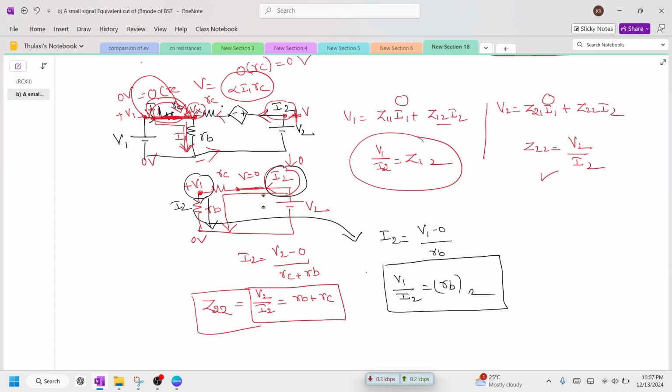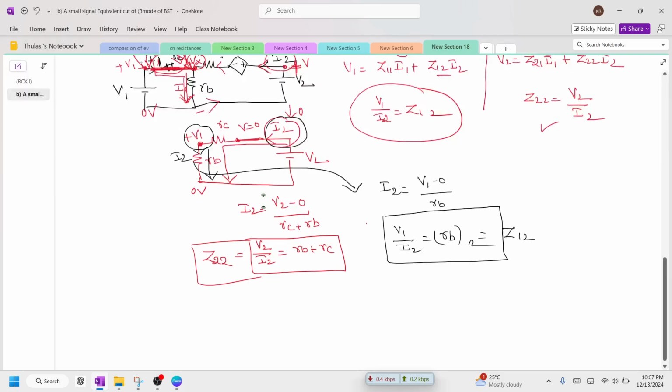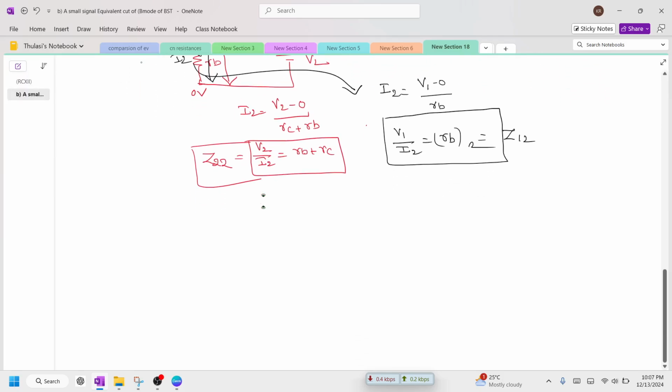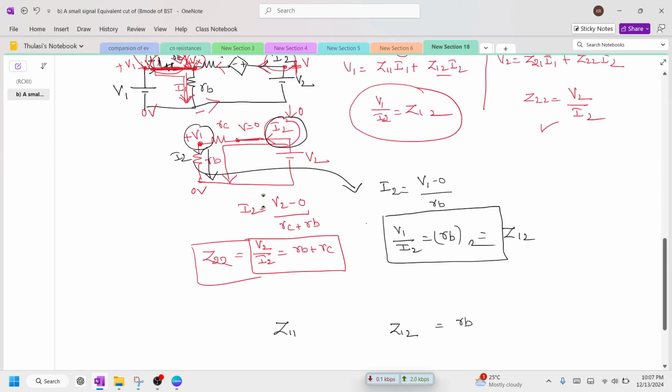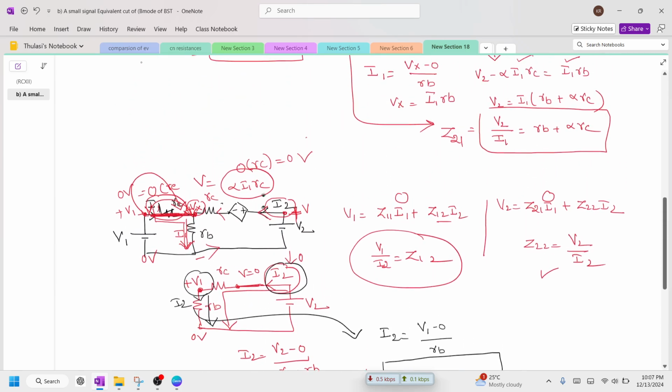Okay. So this is the value of Z, and now let's write down all the parameters in a systematic form: Z11, Z12, Z21 as well as Z22. Z22 is equal to RB plus RC. Z12 is equal to RB. What is the value of Z11?